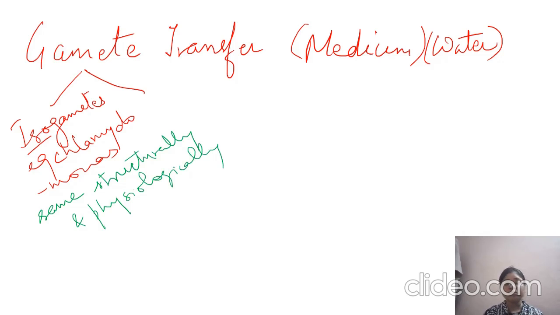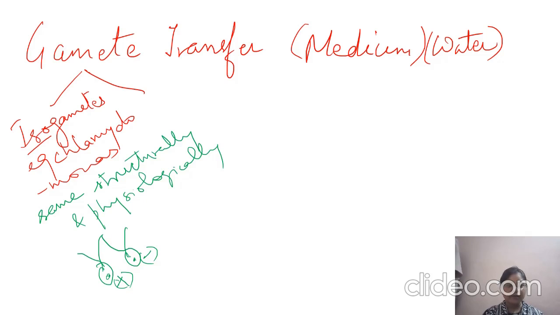You cannot say that this is male, this is female. In Chlamydomonas, they appear to be the same. In them we call them plus and minus strain, because the genes that they carry are different.